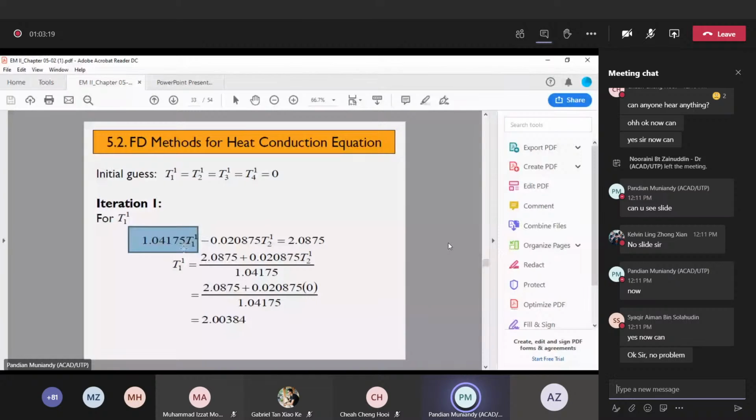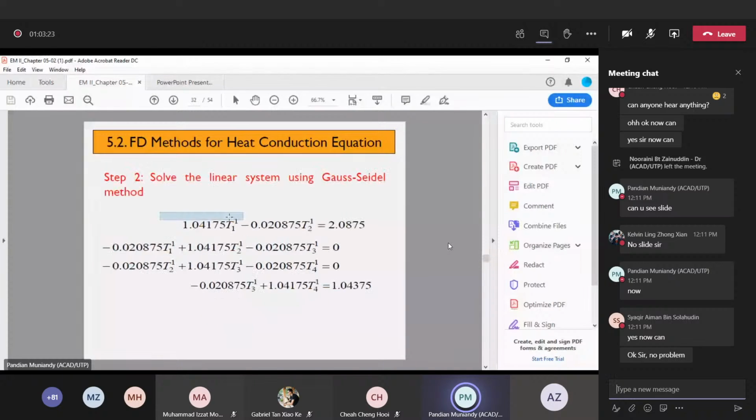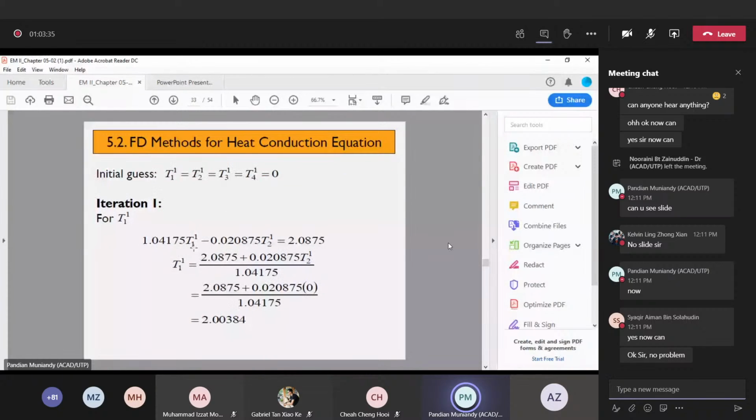From equation 1, from this one, you already have this. So from here, you want to calculate T11. How do we calculate? We go through the steps. T11 equals 2.0875 plus, this fellow is minus so bringing it to the right-hand side it becomes plus, 0.020875 T12. But T12 is 0.